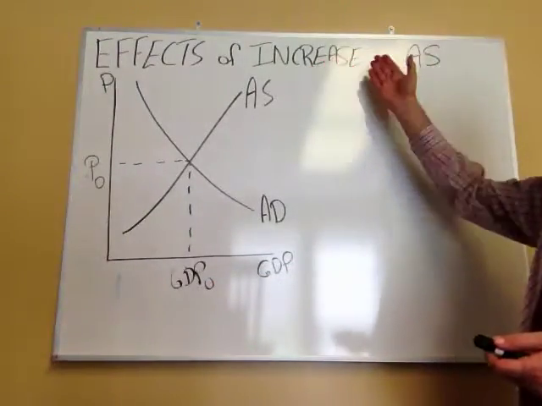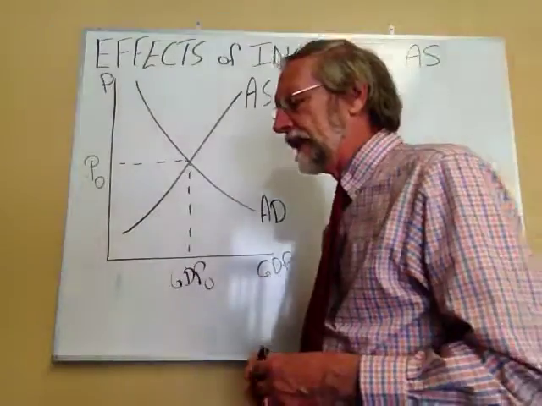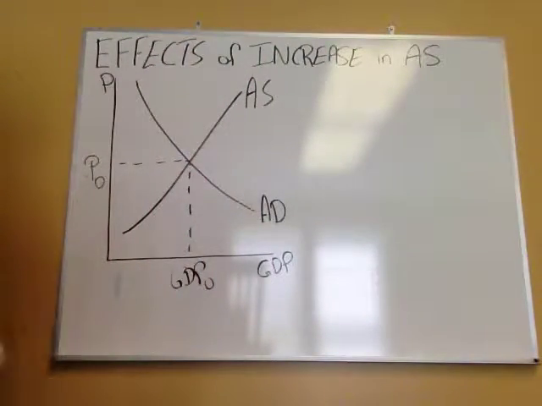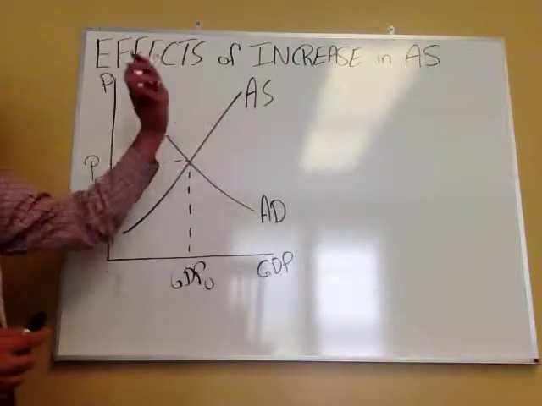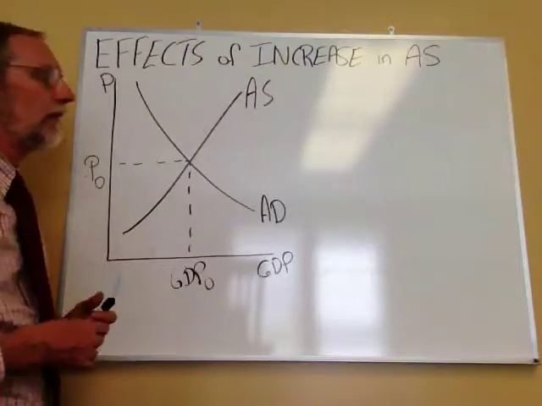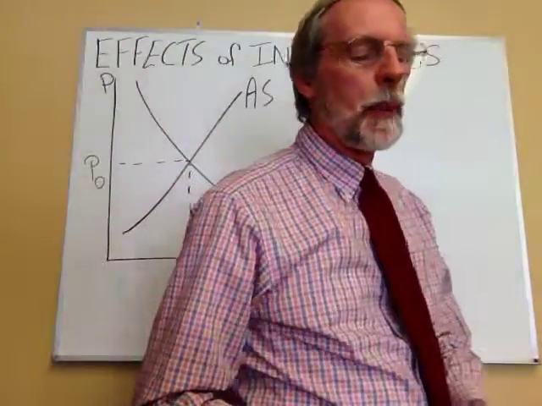Now, something happens to make it easier for businesses to produce. Some technological change occurs, and the easier it is for businesses to produce at every price level means we're going to have an increase in aggregate supply.